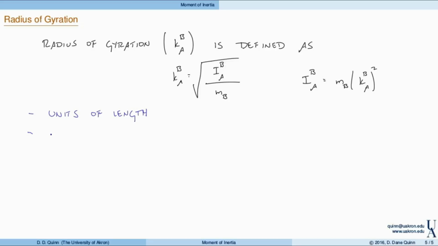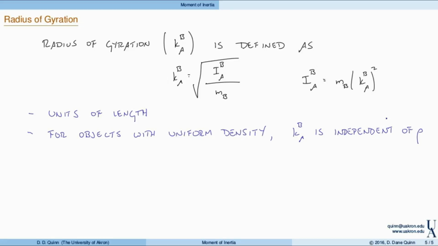Now, in addition, for objects with uniform density, the radius of gyration is independent of the density.